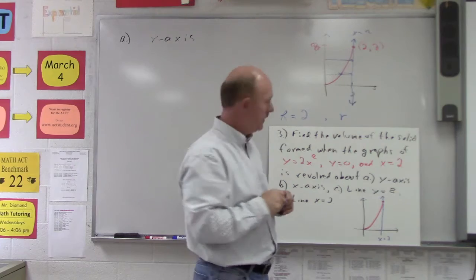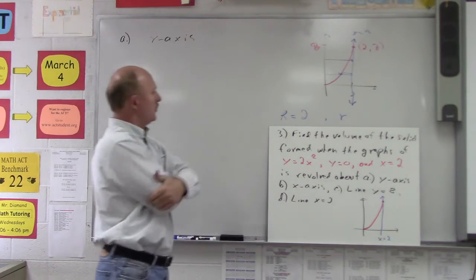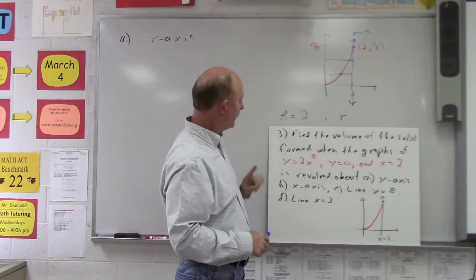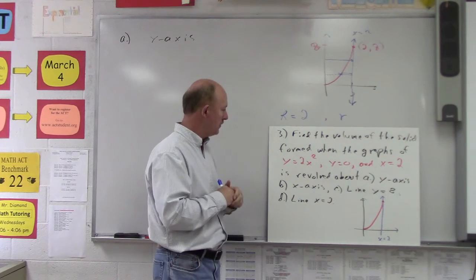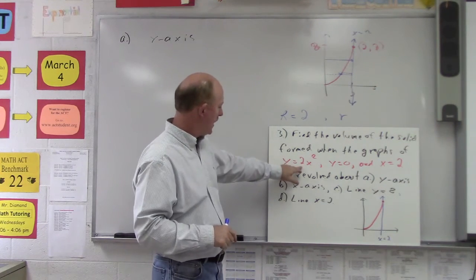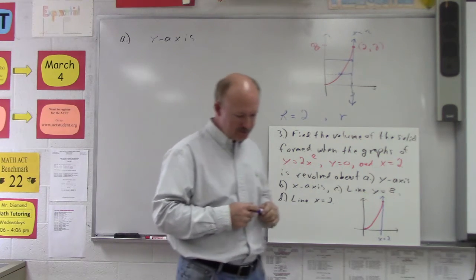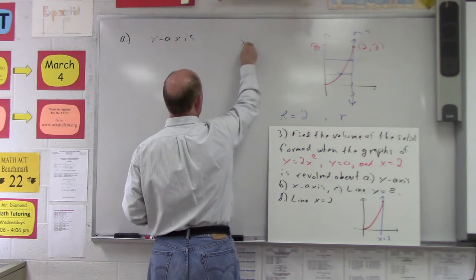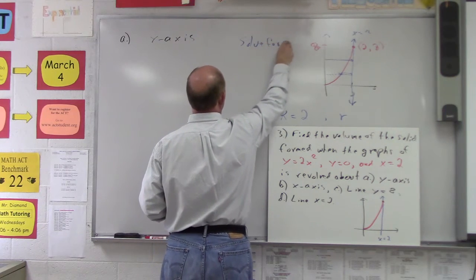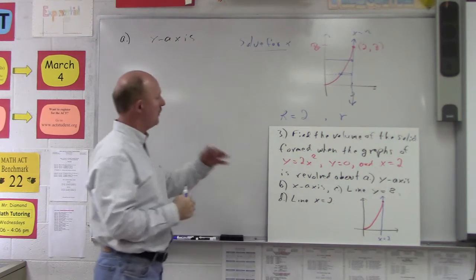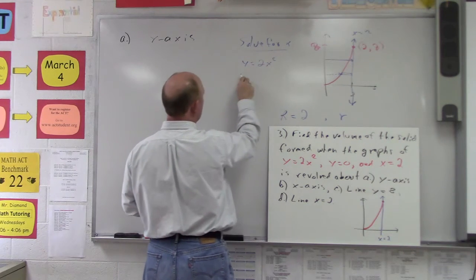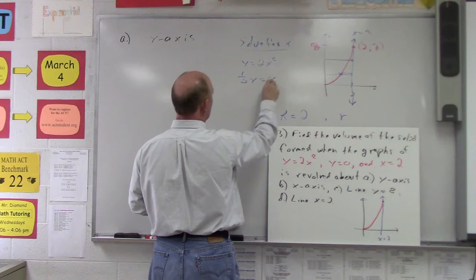We're revolving this about the y-axis, so I forgot to do this, but I need to solve this equation for y, or rather for x in terms of y. So solve for x. Since we're revolving about the y-axis, we've got y equals 2x squared. That gives us 1/2 y equals x squared.